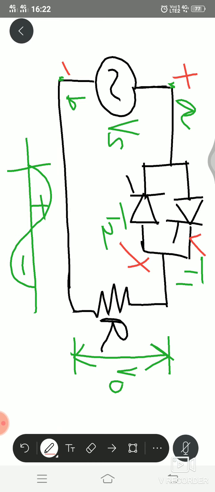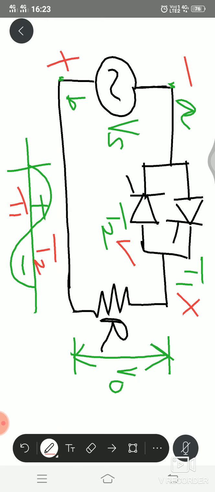So T1 is forward biased during this time, and we need to fire T1. And during negative half cycle, point B will be more positive than point A. So in this case, T2 is forward biased and T1 is reverse biased. So during this time, we need to fire T2.